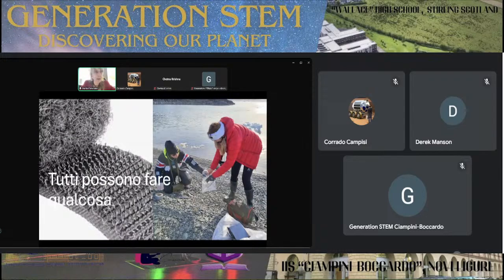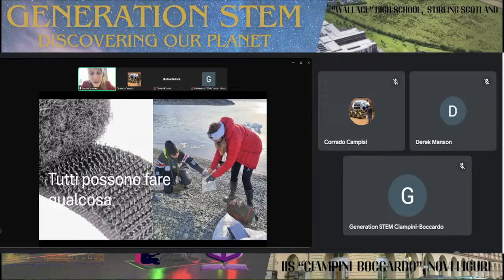Although it's very difficult to stop fossil fuel emissions, okay, we can all take the bicycle to work, we can all try to use the car as little as possible, but what we can do individually is very limited. It's at the level of industries and governments to change the way we consume and produce energy. But we can do a lot for plastic.